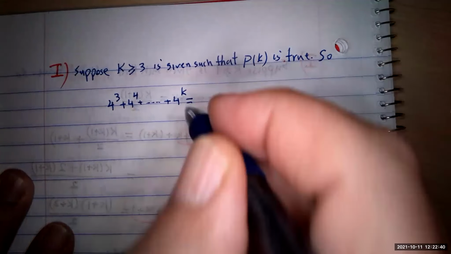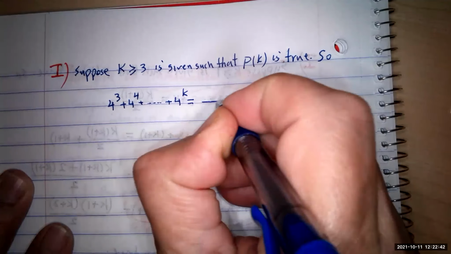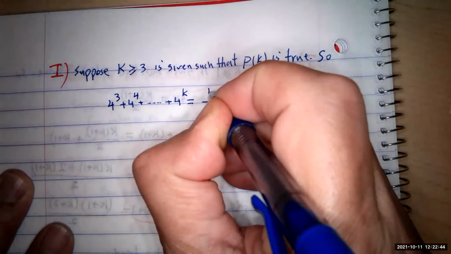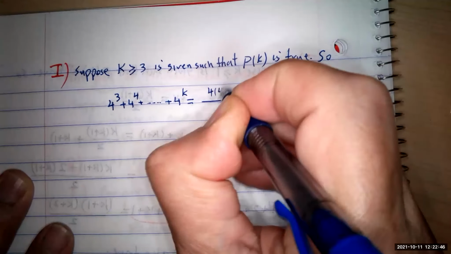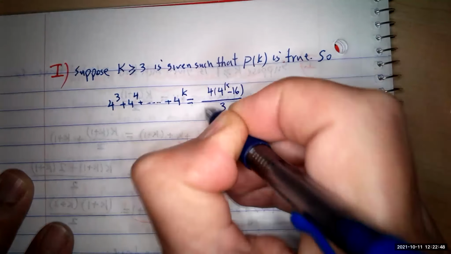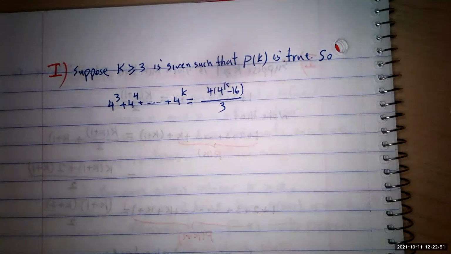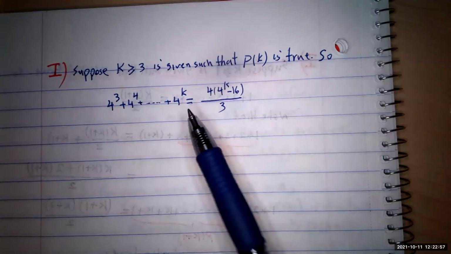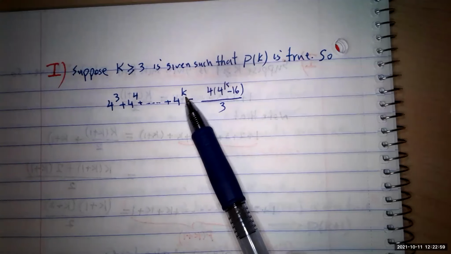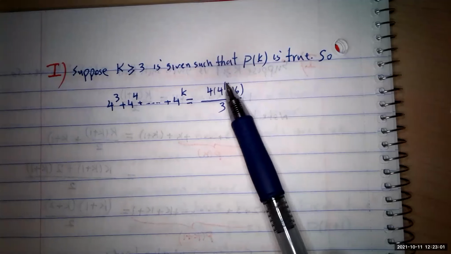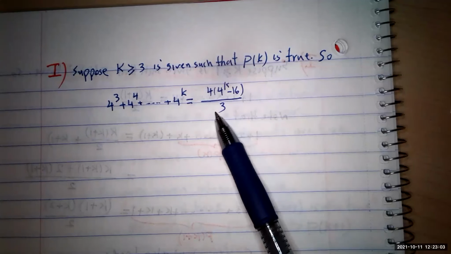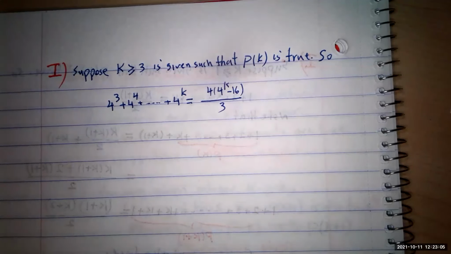So it's 4 times 4 to the k minus 16 over 3. Okay? So what you have to prove is, if it ends up with k, that would be 4 times 4 to the k minus 16 over 3. You want to prove this one for Pk plus 1.